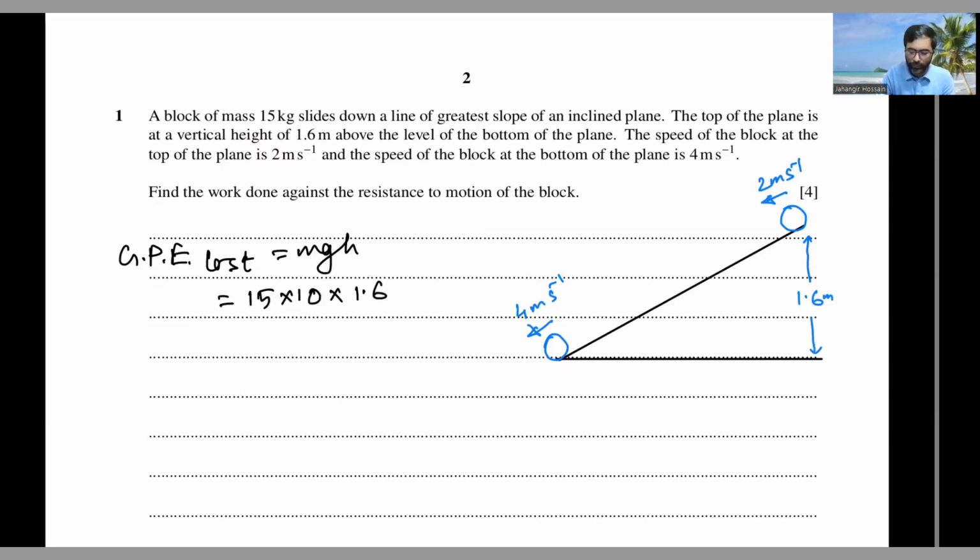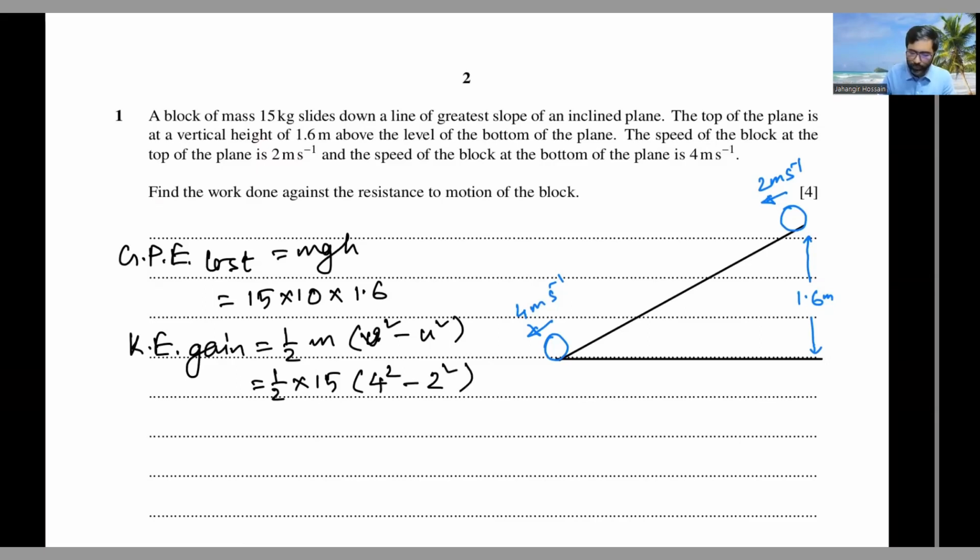So that's the GP loss. And KE gain is half into m into v squared minus u squared, half into 15, v squared that's 4 squared, u is 2. So substitute this.